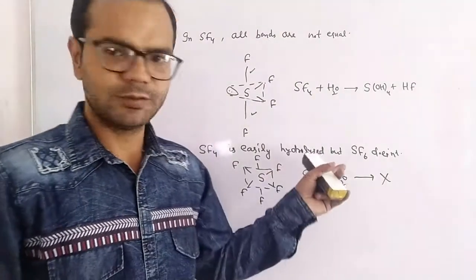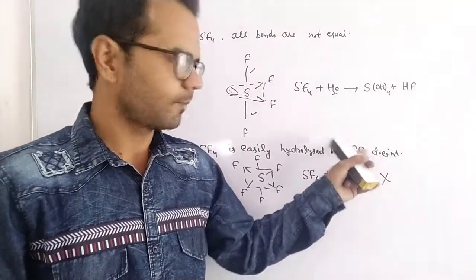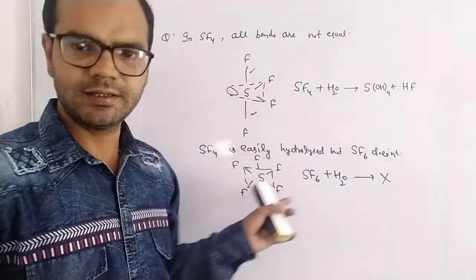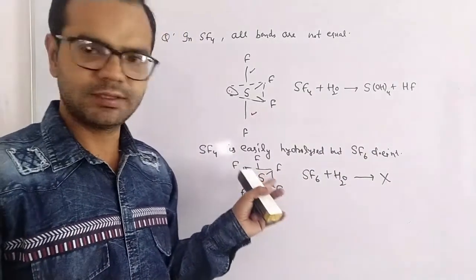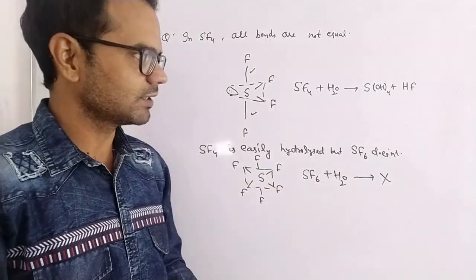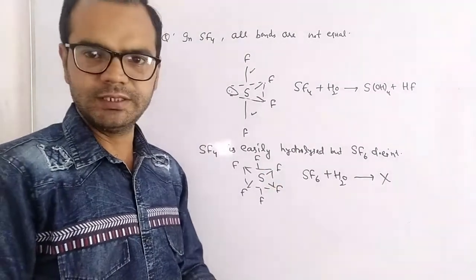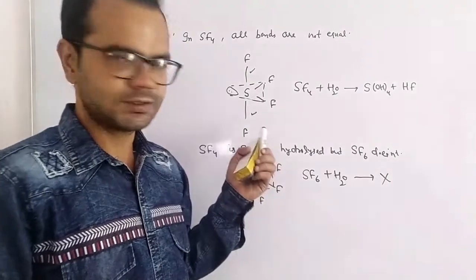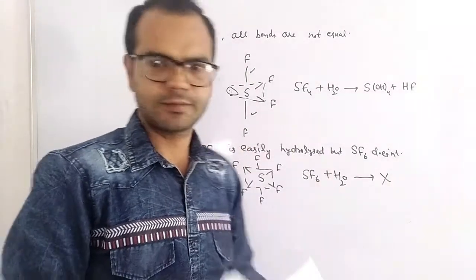And one more question: why is SF6 chemically inert? Due to steric hindrance of 6 fluorines around the sulfur. It is a stable compound. So these are a few questions for the oxygen family. In the next video, we will do the questions of the halogen family. Thanks for watching.